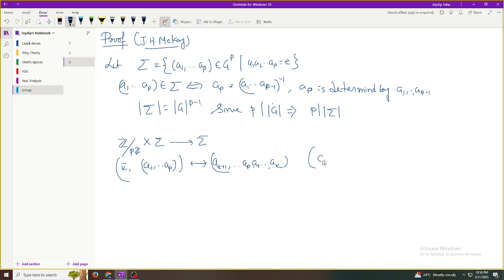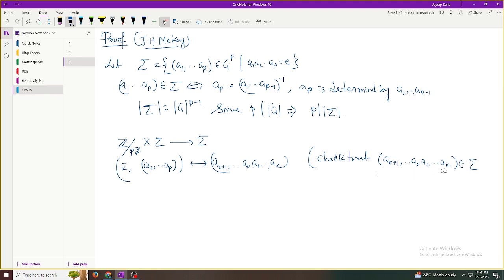Check that (ak+1, ..., ap, a1, ..., ak) belongs to sigma.